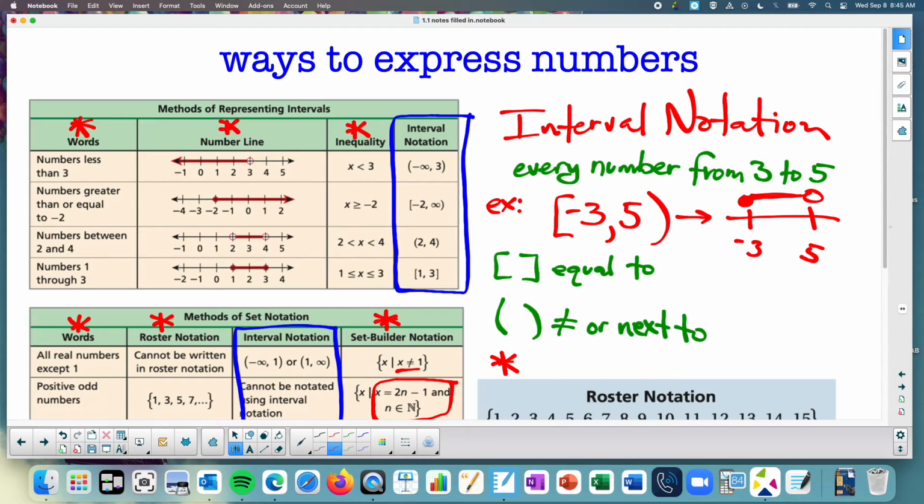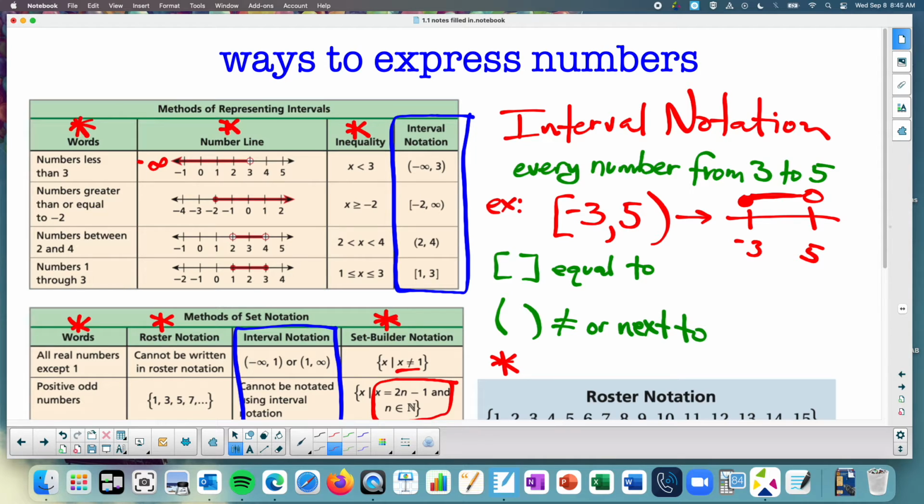Now the next thing that starts to become kind of weird is when you have something going all the way. So like in this instance, it's every number less than 3. So it kind of goes forever. And interval notation works between two numbers. So in this case, because there's not an actual number, we just say that it goes all the way to the left.